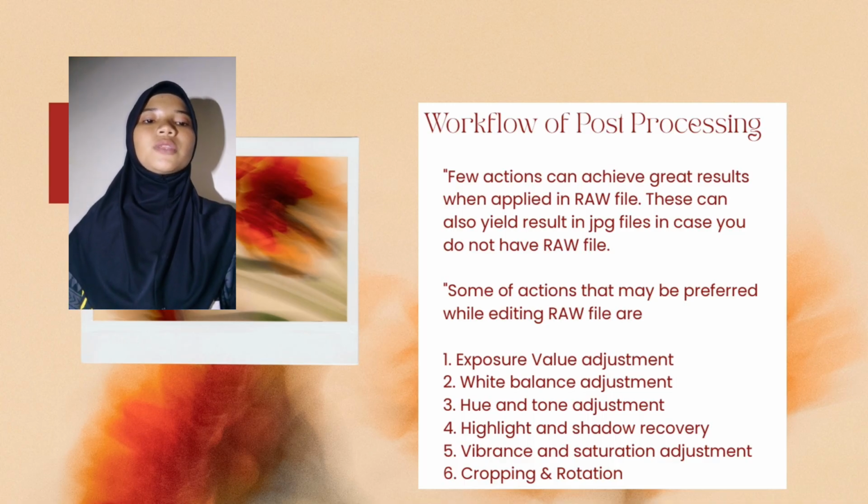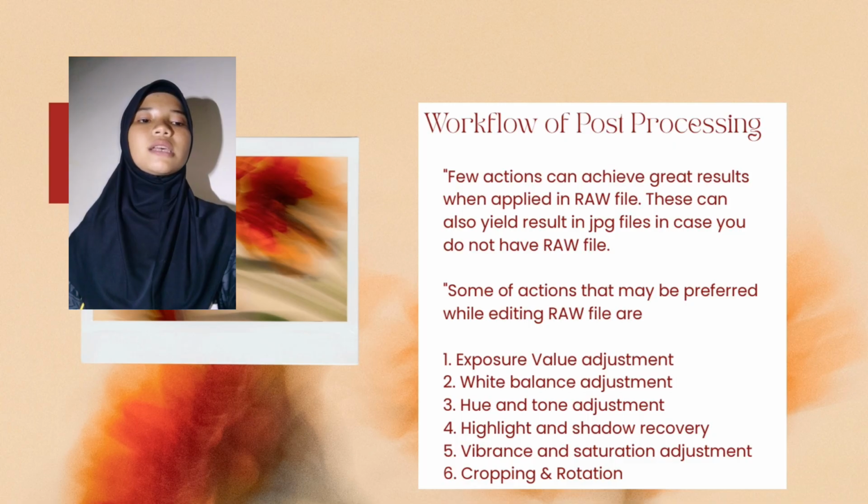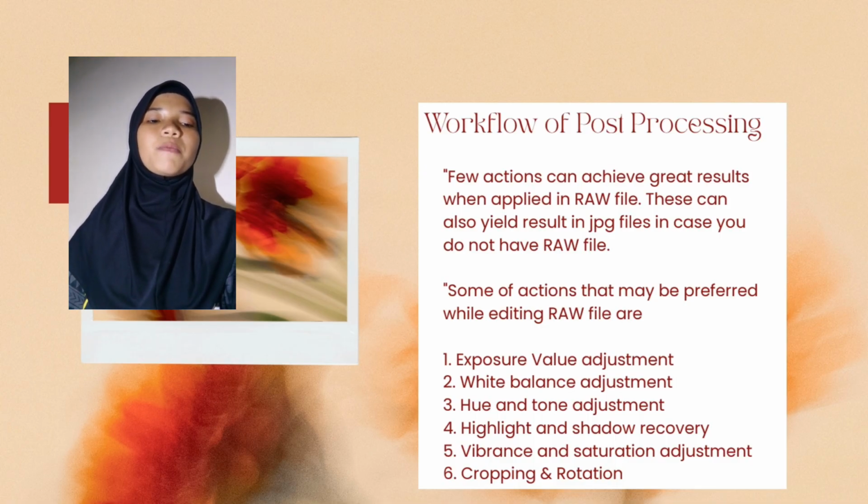Example, recovering the details of a bright sky that looks washed out. The fifth is vibrance and saturation adjustment. It controls the intensity of colors. Saturation increases all colors. Vibrance boosts muted colors without overdoing skin tone. Example, making the colors of a flower photo look richer and more lively.